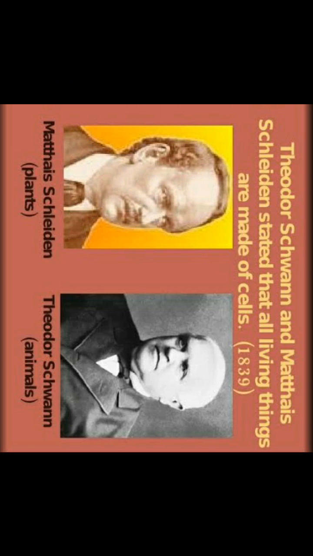Cells that have membrane-bound nuclei are called eukaryotic cells, whereas cells that lack a membrane-bound nucleus are called prokaryotic cells. This is a very important point for theory examinations: the difference between prokaryotic cells and eukaryotic cells.